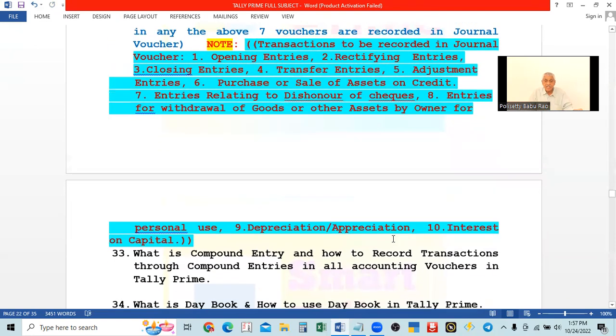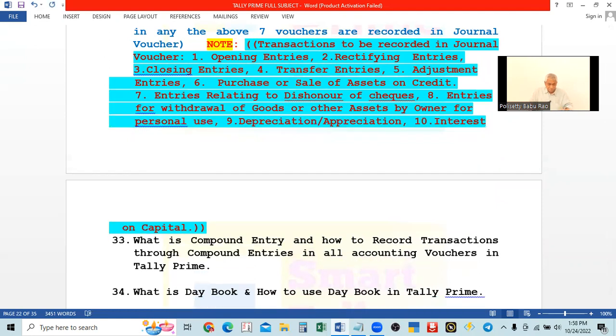And the last one is interest on capital. Sometimes owners, for investing money in the business, take interest on that capital. In the case of a single owner, they take the profit; in the case of partners, they divide the profit among themselves. Still, for the capital, they will charge some interest.